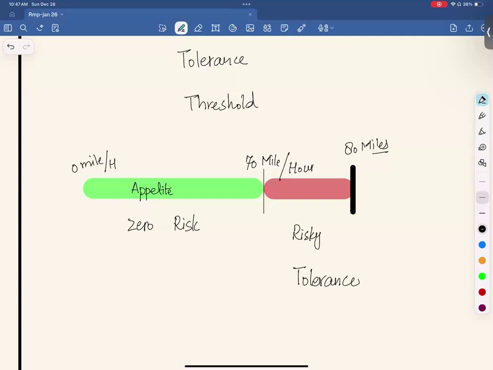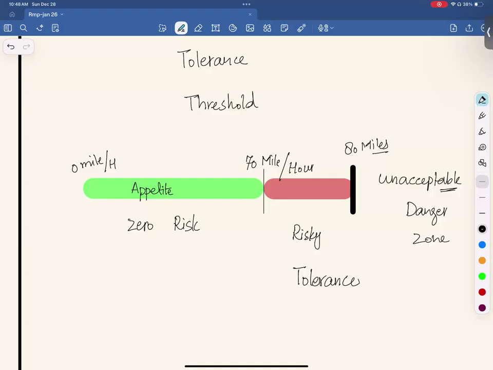Anything beyond that, anything above 80, is unacceptable. This is the danger zone. We're not going to drive beyond 80. I hope you understand the difference between appetite, tolerance, and threshold. Is it clear, everybody? Threshold is a point, tolerance is the range, and appetite is the riskiness where you don't have any problem.